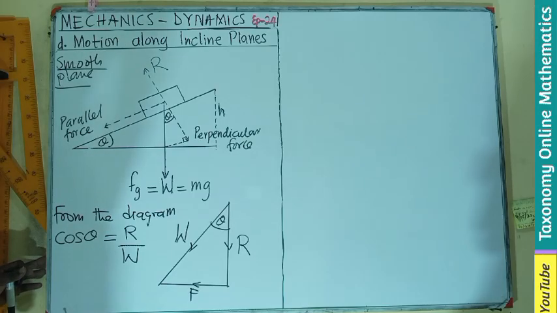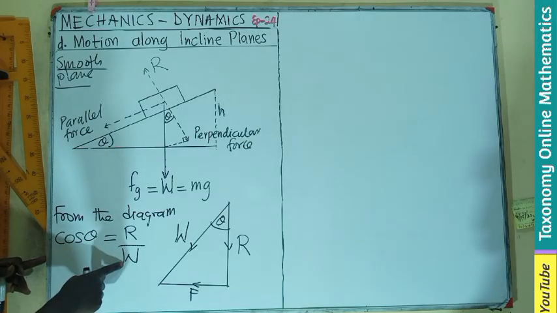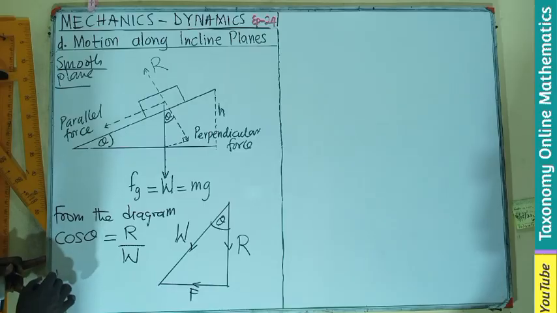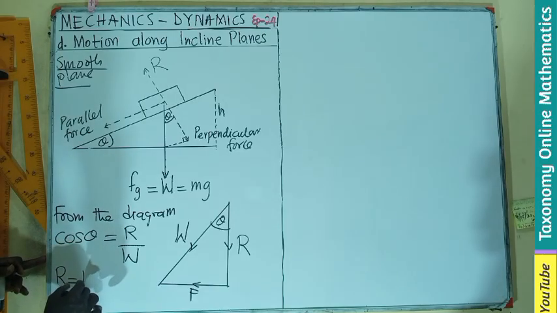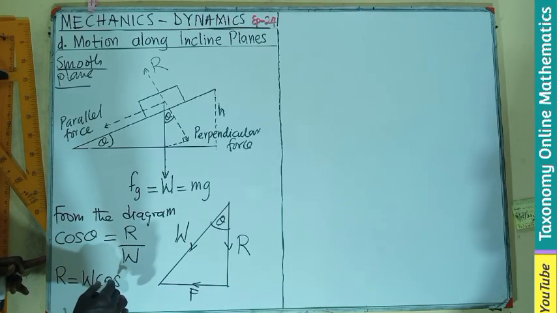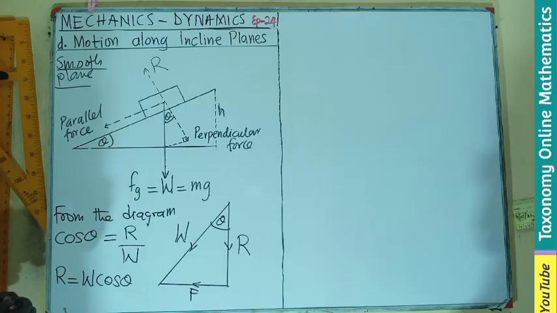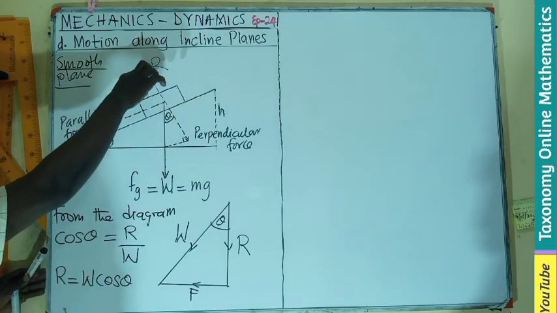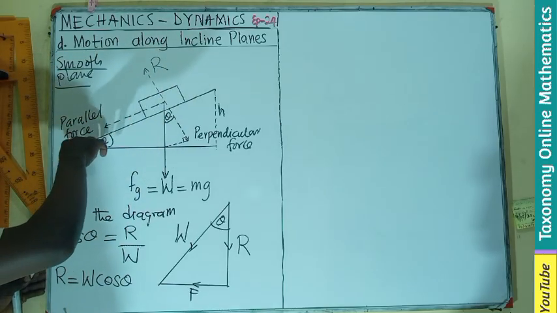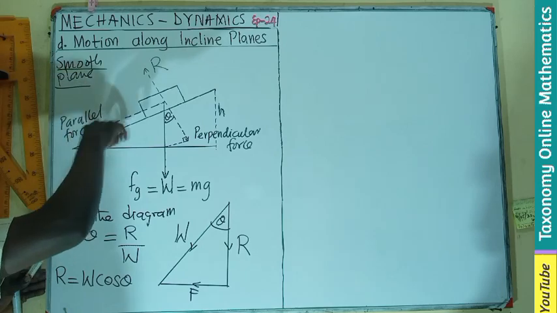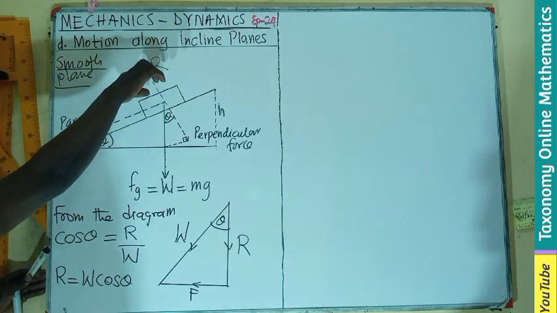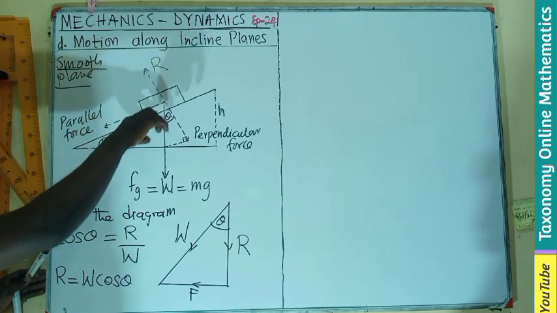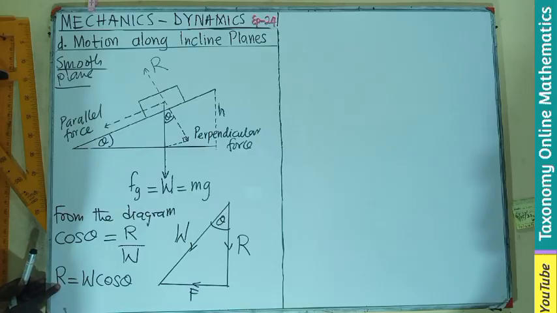If I do that, what am I going to do? If I cross multiply, R will be equal to W cos theta. What is the R? It is the force which is perpendicular to the plane or to the surface. This force, as we are seeing here, is what we have as the normal reaction.